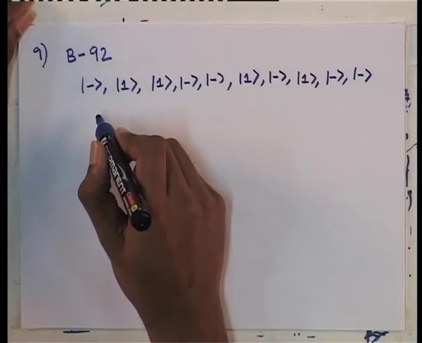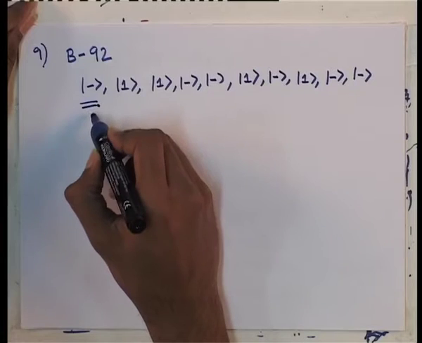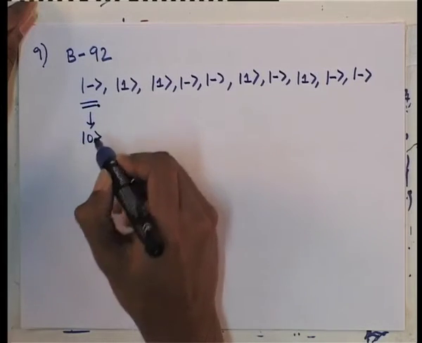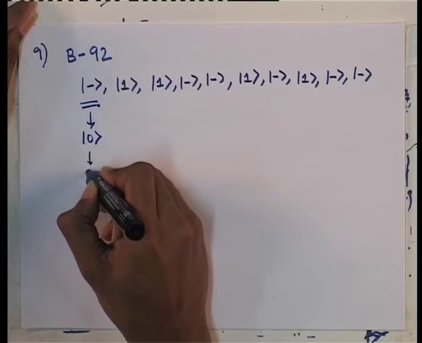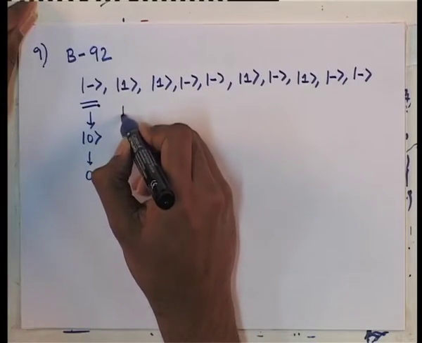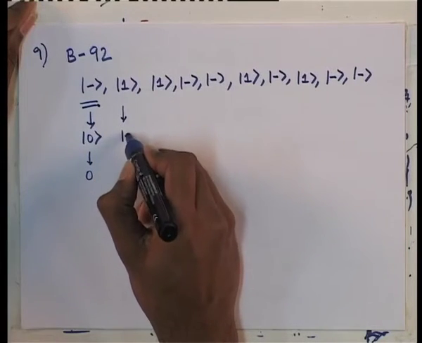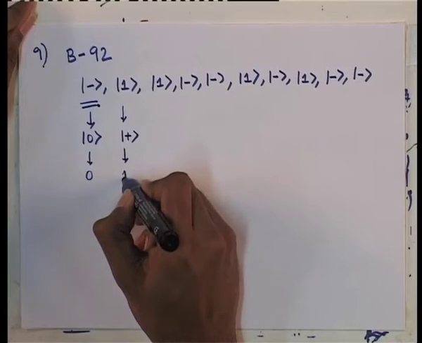We know that Bob's outcome minus corresponds to Alice's input state 0, which has a bit value 0, and similarly 1 has correspondence with Alice's input state plus, which corresponds to bit 1.